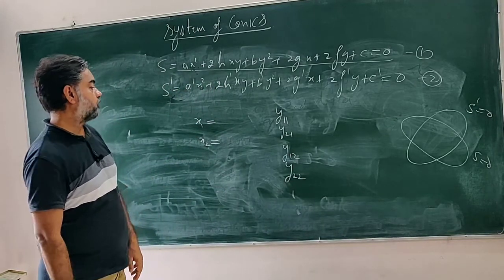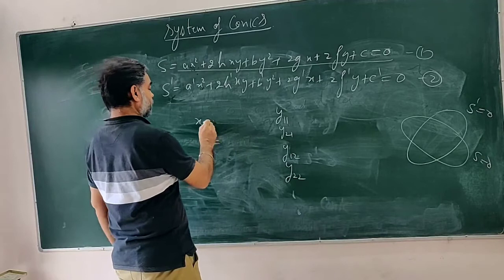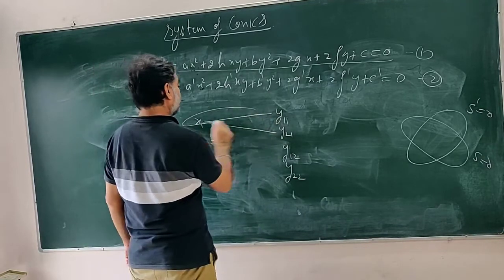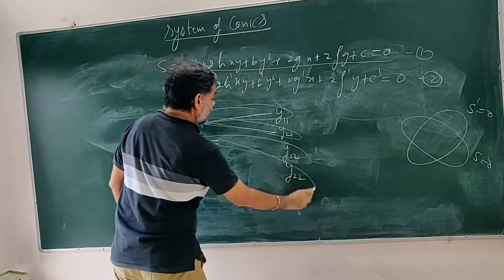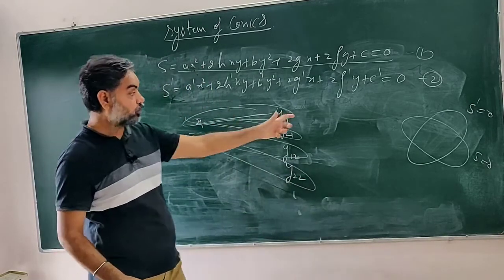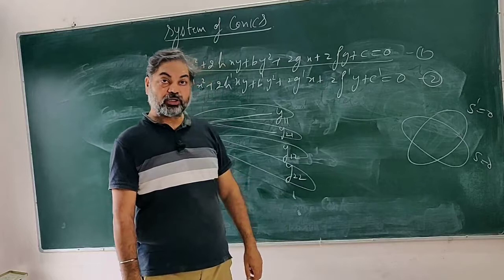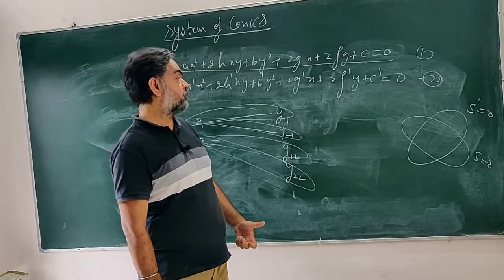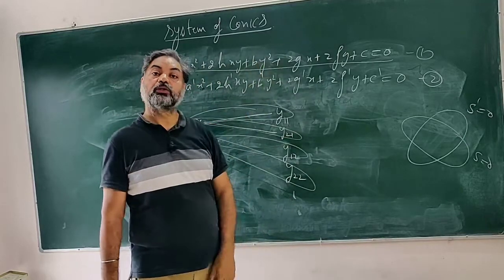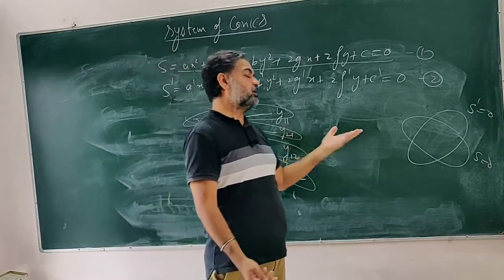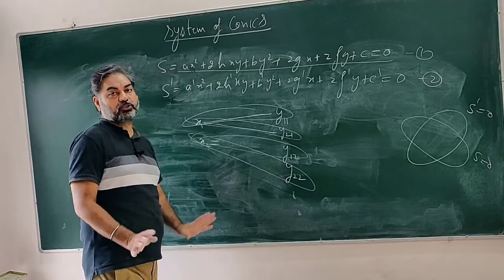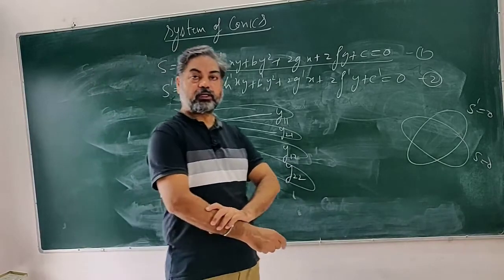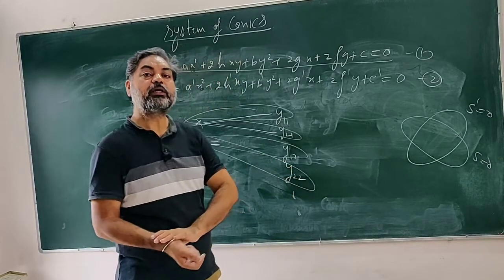So in all, this will be 1 point, this will be second point, and third point, and fourth point. So there would be 4 points, the coordinates of 4 points, which would be the points of intersection of these two conics. These points may be real or imaginary, because the roots of the quadratic equation may be real or imaginary.